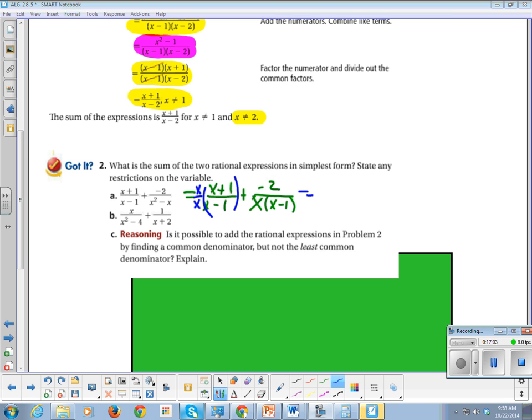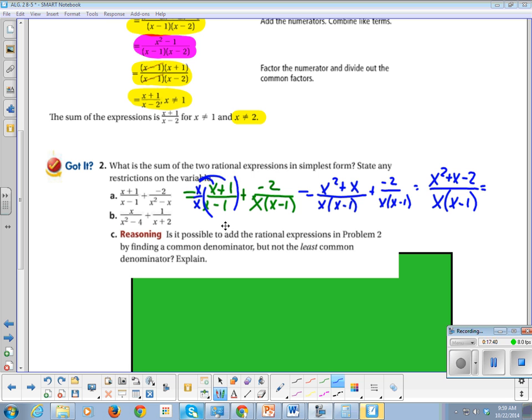So the top becomes x squared plus x, and the second one just stays the same because he doesn't have anything that the other guy doesn't already have. And now we're going to combine denominators, so we're going to put it over a common denominator. And we're going to say that's x squared plus x minus 2.